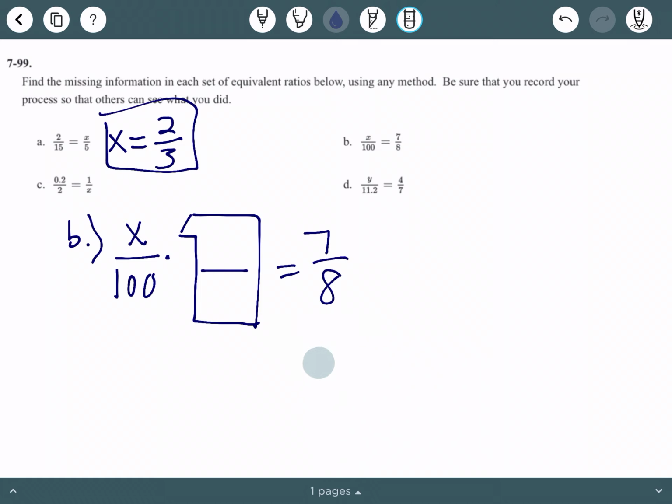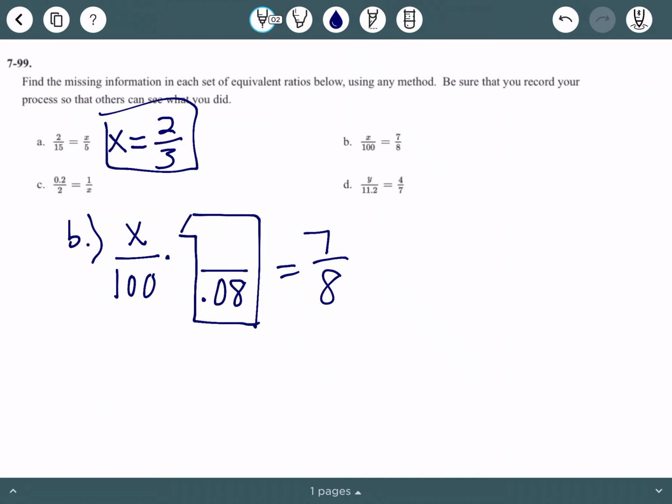And if you're not sure how to do that, you can do 8 divided by 100. That's the inverse. And that would give us 0.08 or 8/100. And you'll see, even if you put it into a calculator, that 100 times 0.08 is going to give us 8.